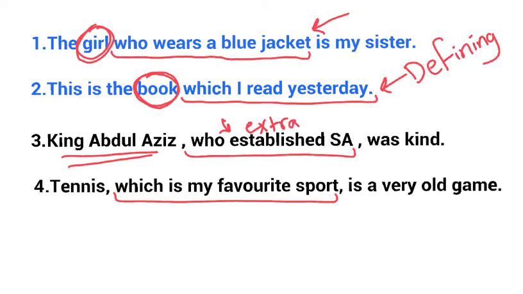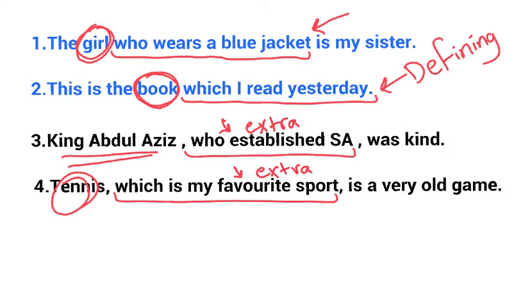Number four, tennis, which is my favorite sport, is a very old game. Now, we all know tennis. No need to add which is my favorite sport, but it is also extra information. So if I take it out, it will not make any problem.